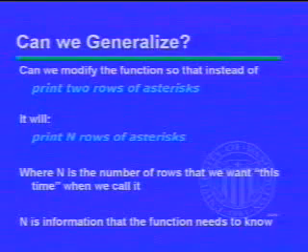It might be 2, it might be 5. Maybe it could even be something else. At the moment the function is called, that value would be known, so the function would know what to do. So n, this number, is information that the function needs to know, and that's a crucial concept.